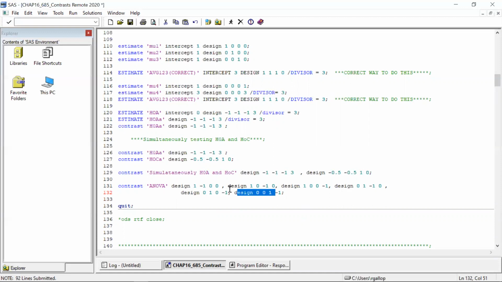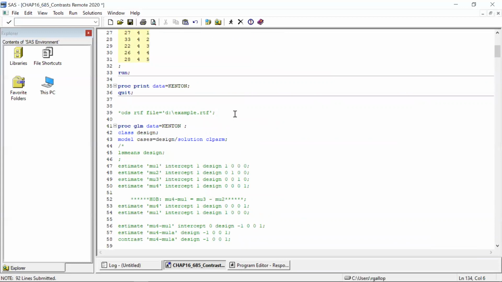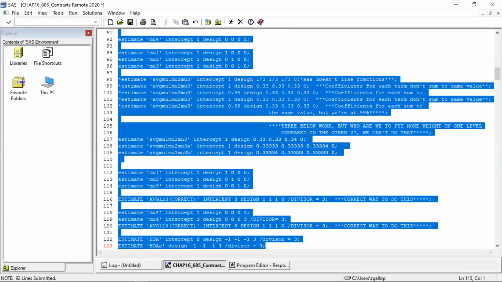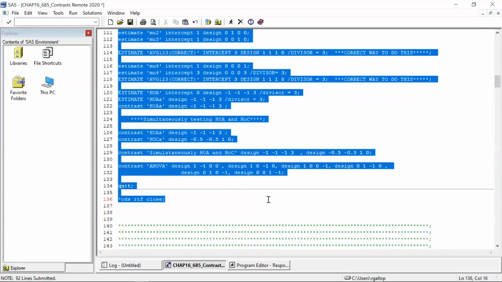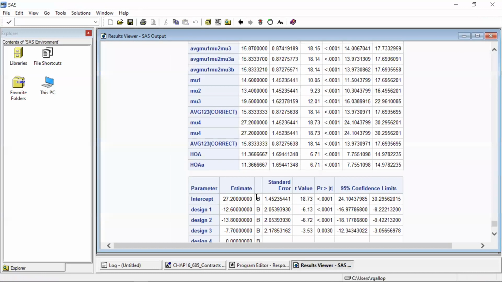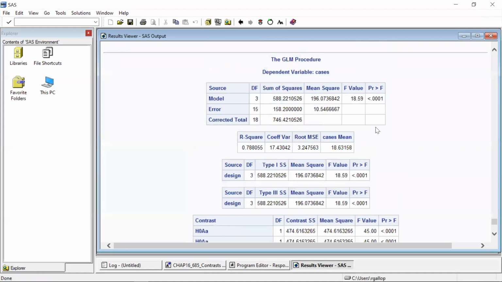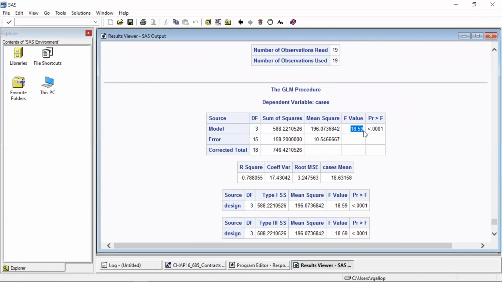So if I go here and I run this, and we go here, so for our ANOVA contrast, 3 degrees of freedom, 18.59, it's exactly what we got there.